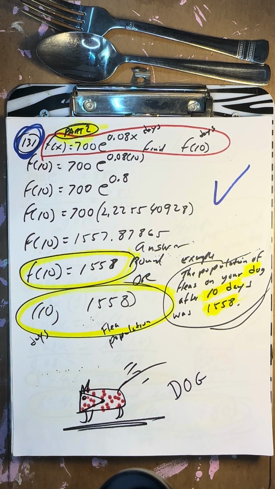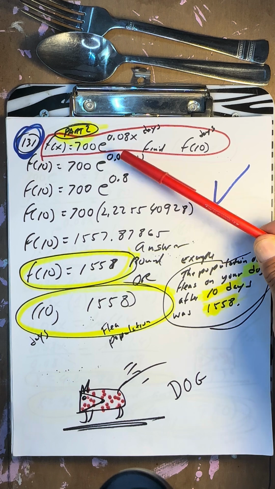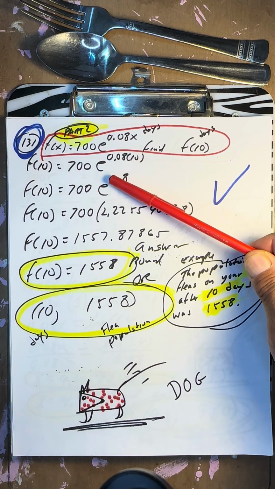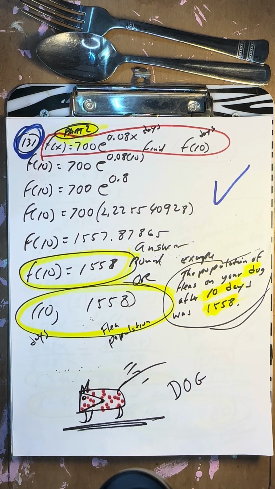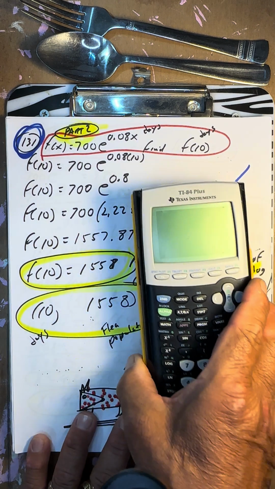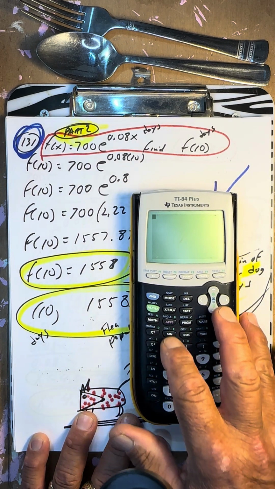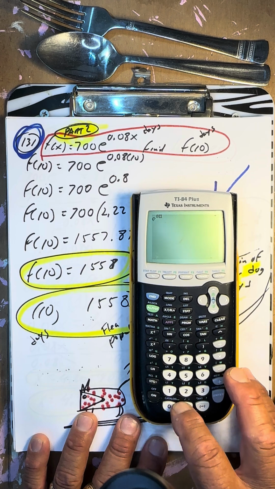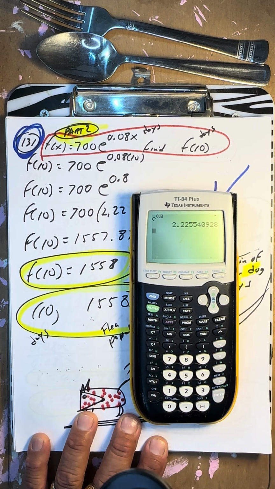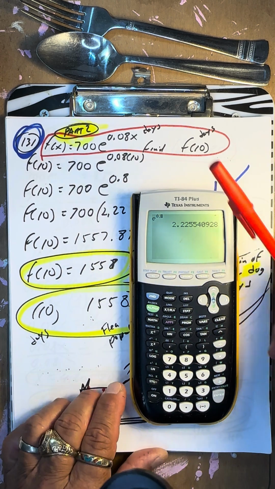All right, find f of 10. So put 10 times this, which is 0.8. E to the 0.8 is this. Can you do that on the calculator? Sure. E to the 0.8: second ln, 0.8, enter. You get 2.2255.